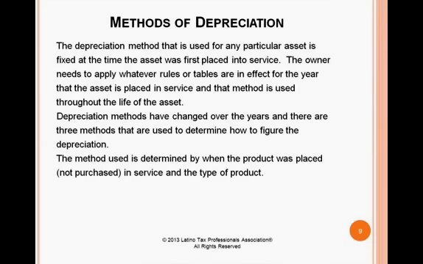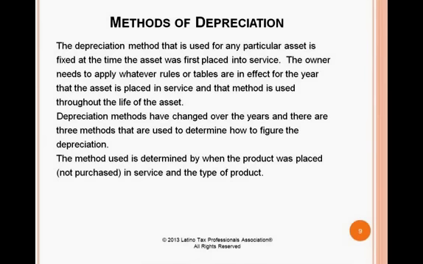And of course, that will give you a fifth year, or an additional year after the correct amount of time, to completely depreciate the balance. The owner needs to apply those rules in whichever way for that year. The depreciation methods have changed over the years, and there are three methods that are used to determine how to figure the depreciation.